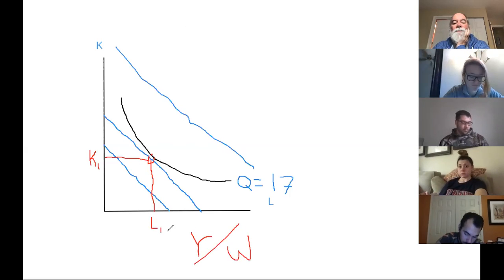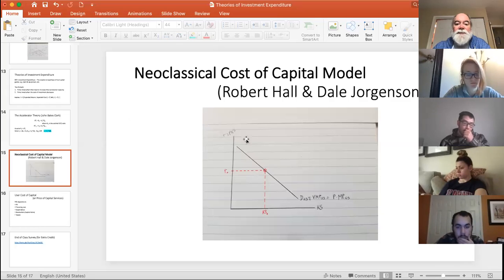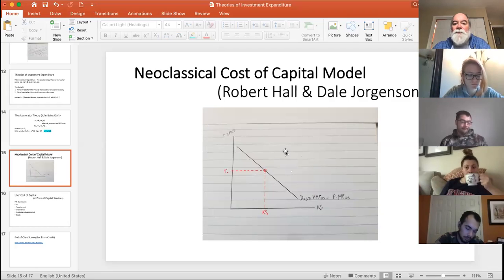this outcome, L1, is the same outcome that you would get here if this was the wage rate and labor, okay? So the difference between the diagram that I just showed you and this diagram is the previous diagram simultaneously solves for the amount of labor and capital that the firm is going to want to hire.